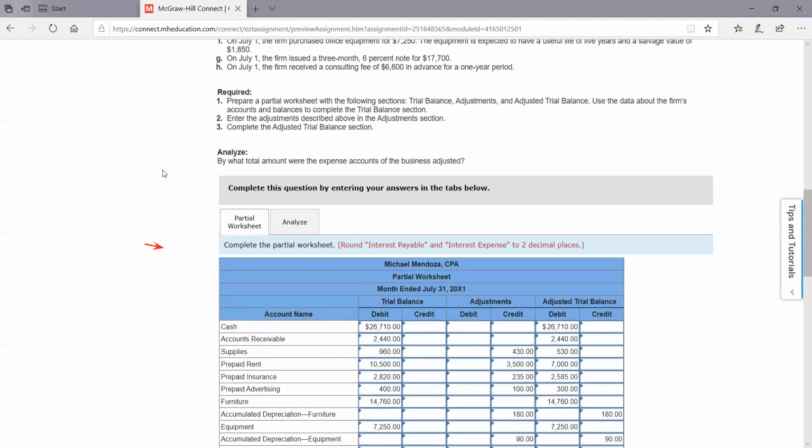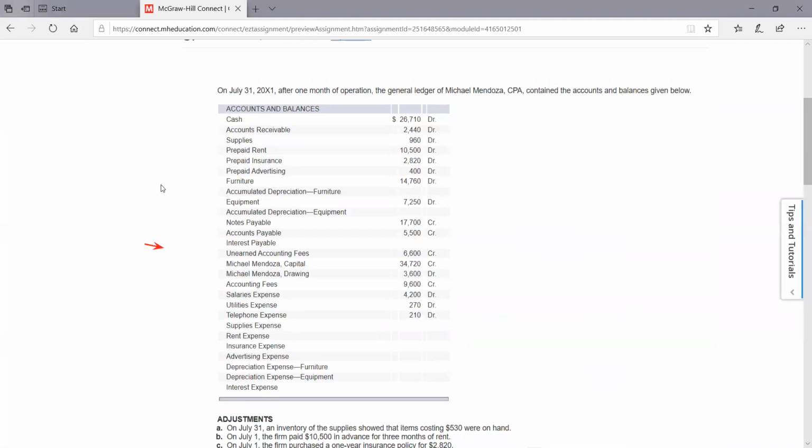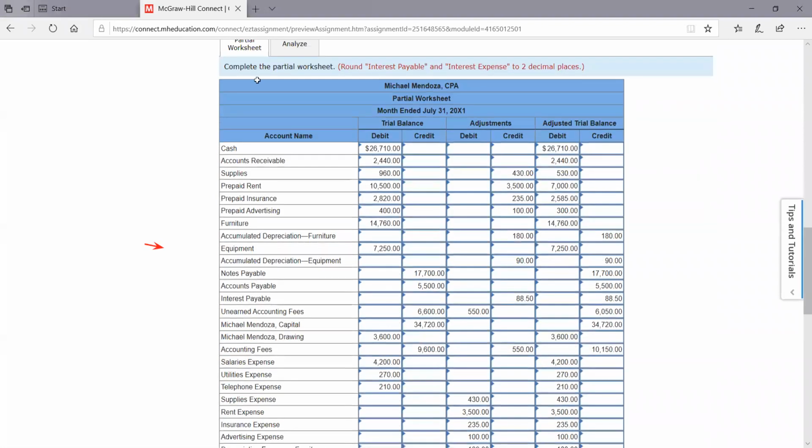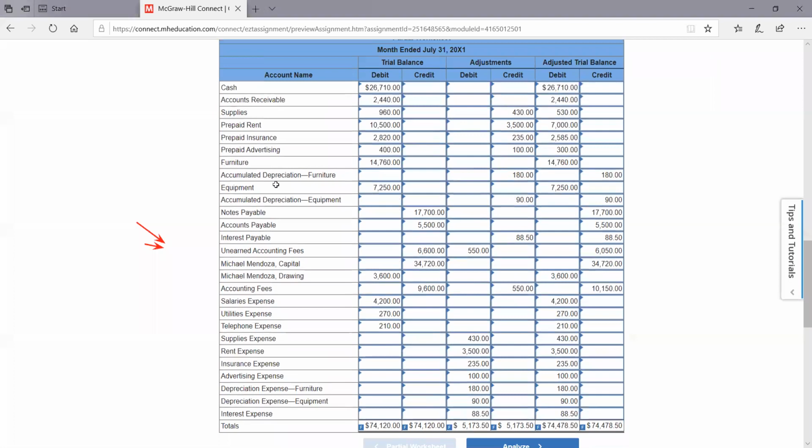And then you'll note that on this one, you can see the amounts. They copy these amounts down into this trial balance for this partial worksheet. And then you can see how they're doing all their adjustments. These are all the different accounts. All the adjusting entries are simply listed in these columns here. And hopefully, as you're comparing your answers, you can go through these and make sure you can come up with the right adjustments.